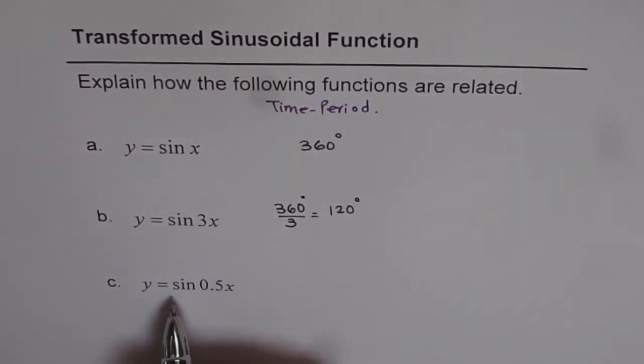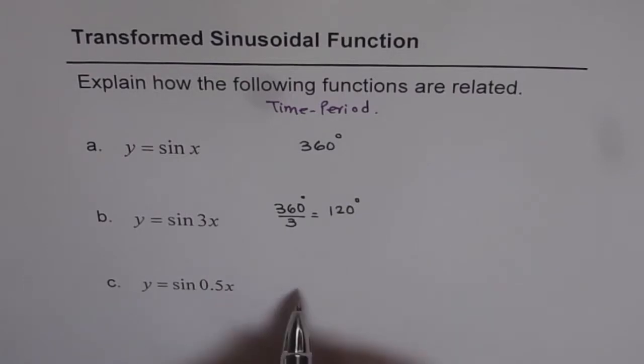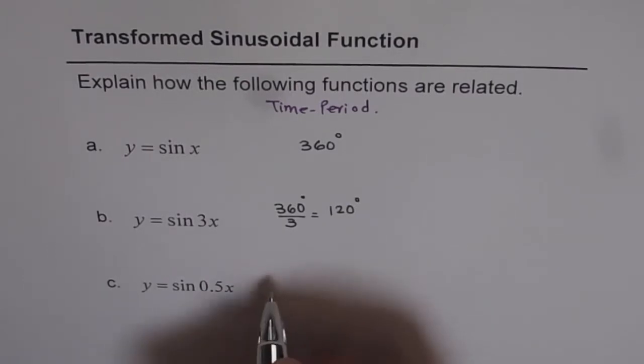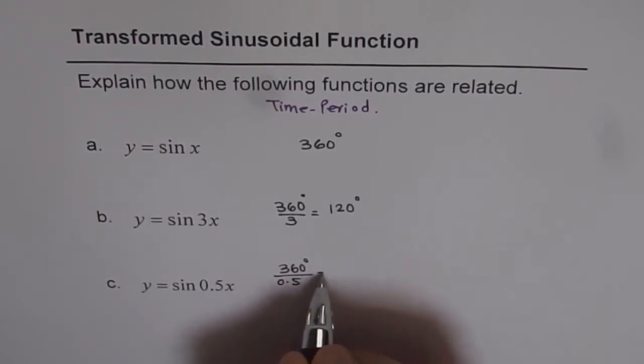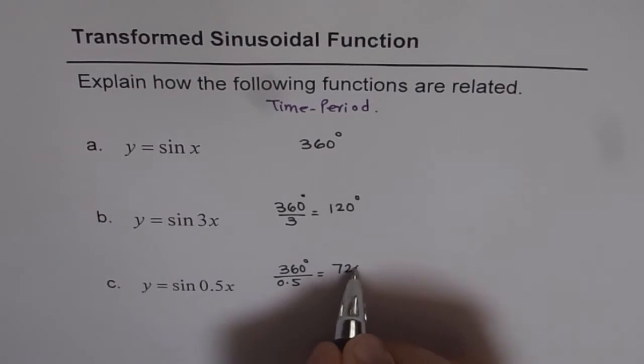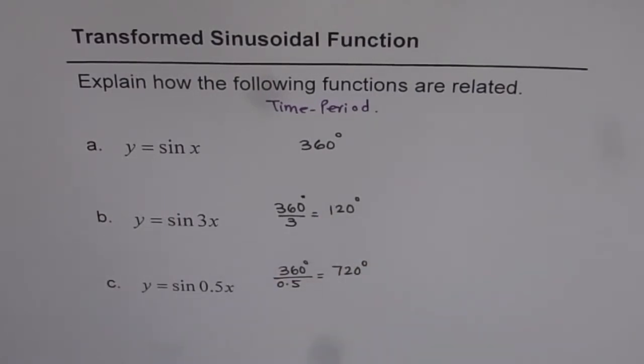In case of sine of 0.5x, we have half the wave in 360 degrees. So the time period is 360 degrees divided by 0.5, which is 720 degrees. So that is how these three functions are related.